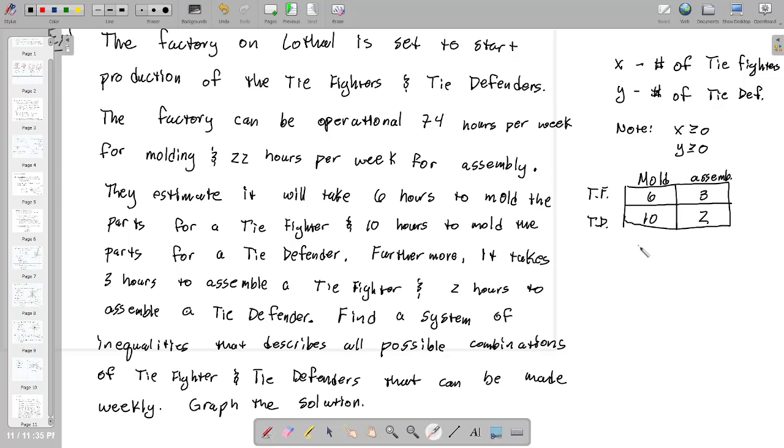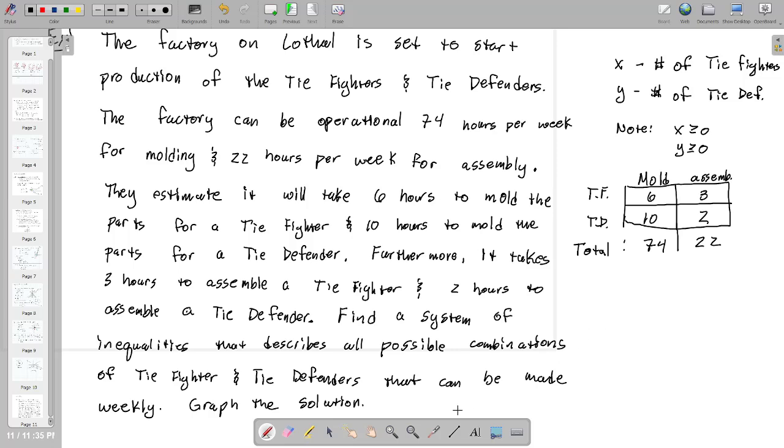So each equation is going to be related to the time it takes to mold and assemble a TIE Fighter and a TIE Defender, because we know how much time we have. We have 74 hours per week for molding and 22 hours per week for assembly.